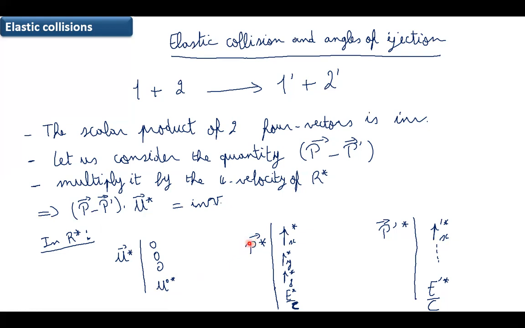For a certain particle, P star is the 3D momentums along X, Y, and Z, and of course E star over C as a time coordinate. The same for P prime star, for the same particle after collision: the 3D momentums along X, Y, and Z after collision, and the time coordinate E prime star over C.